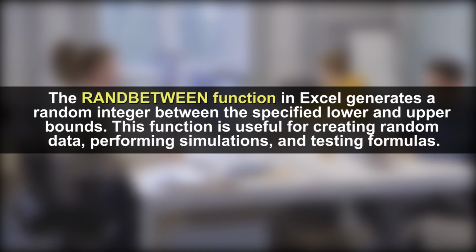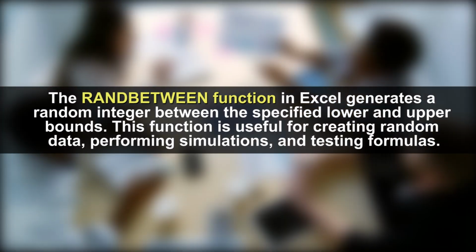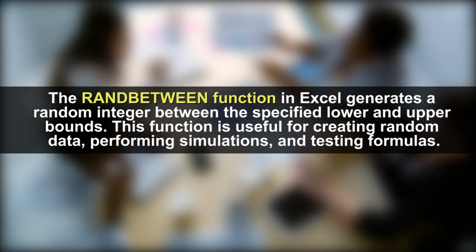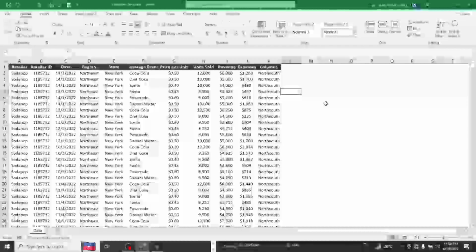The RANDBETWEEN function in Excel generates a random integer between the specified lower and upper bounds. Let's talk about the RANDBETWEEN function in Excel. So what this means is that you can use this to generate a random list of numbers.